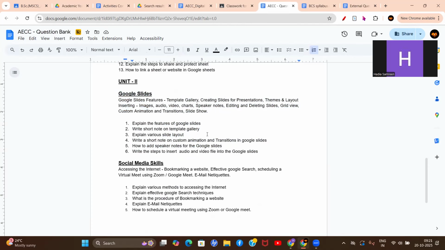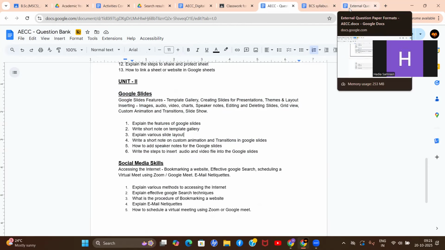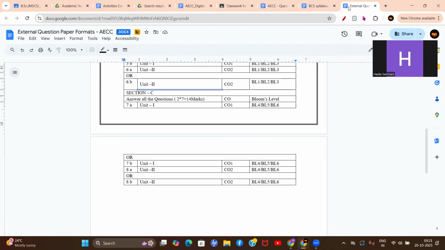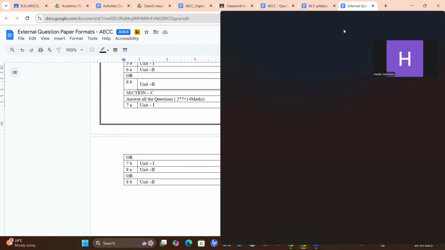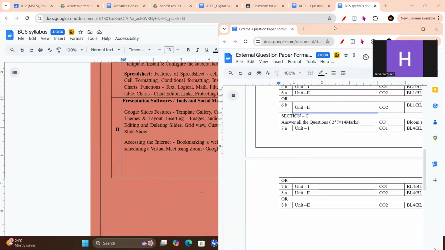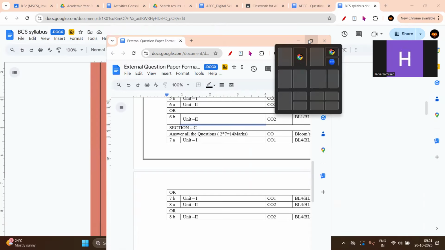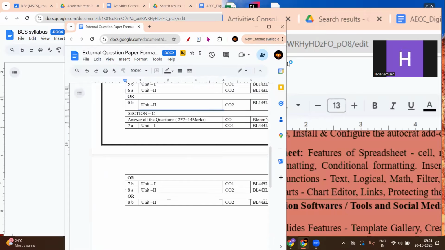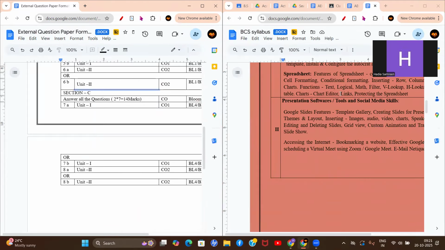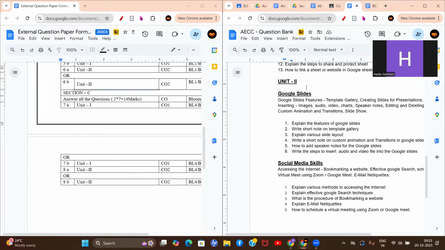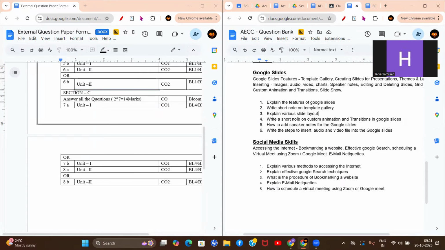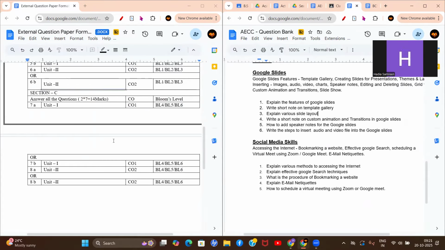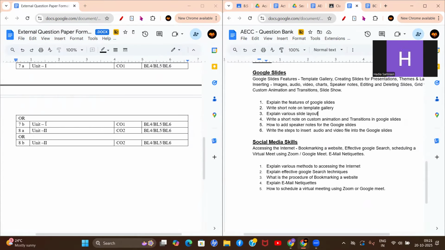I'll show you this way. Let's take our Section C and Unit 2.